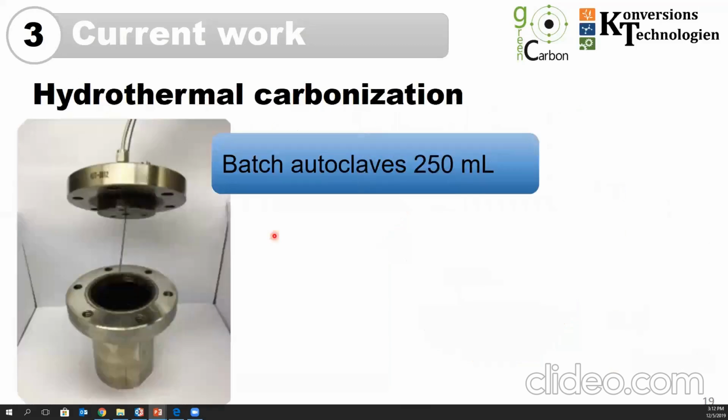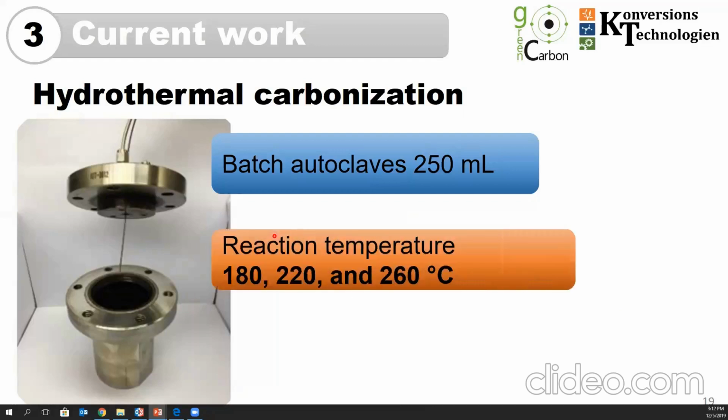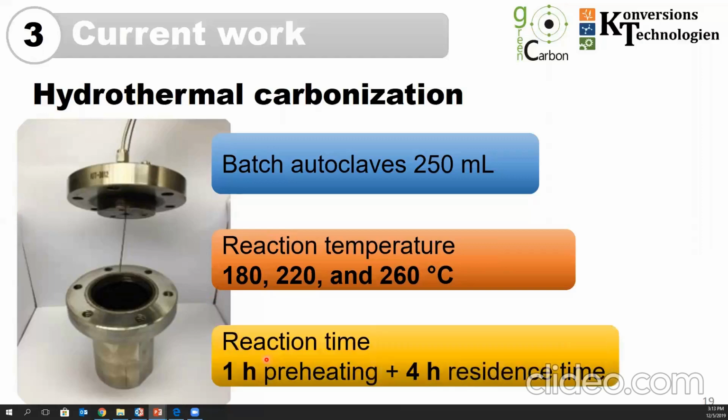So here I will show you how I did the experiments for this work. Hydrothermal carbonization was performed using batch autoclaves with a volume of 250 milliliters. I tested 3 different temperatures: 180, 220, and 260 degrees Celsius. I used a fixed reaction time: around 1 hour of preheating to achieve the temperature, and then 4 hours of residence time.